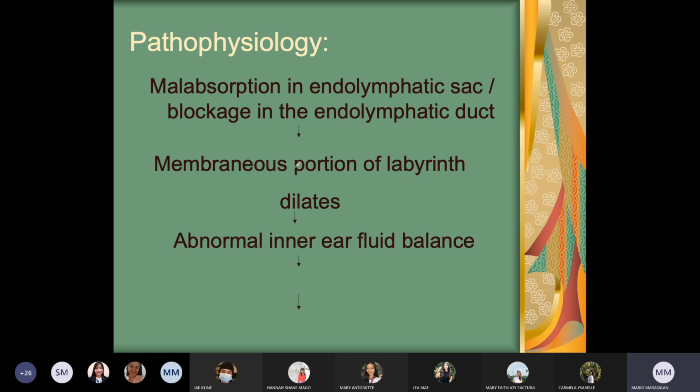So blockage in the endolymphatic duct can lead to an increased amount of endolymphatic fluid or endolymph. Then the membranous portion of the labyrinth, kung saan nandun yung endolymph, will dilate. Okay? And the dilation can lead to abnormal ear fluid balance.